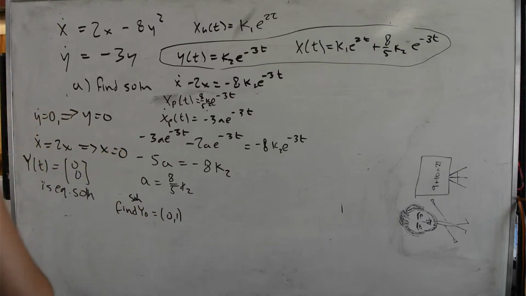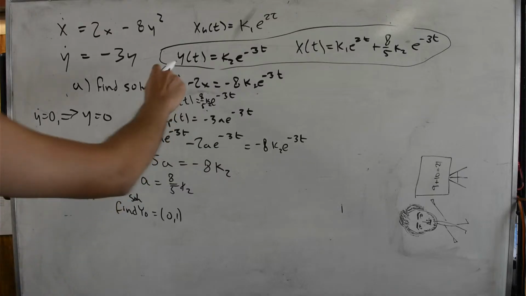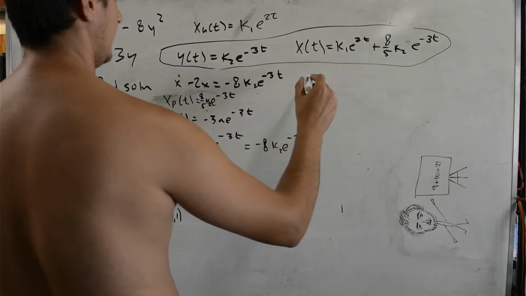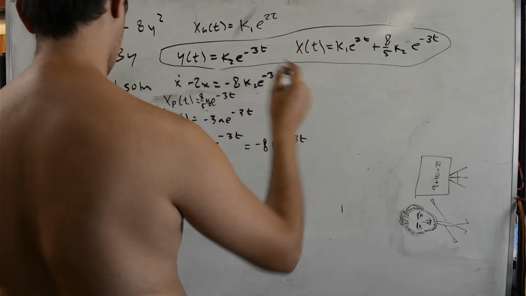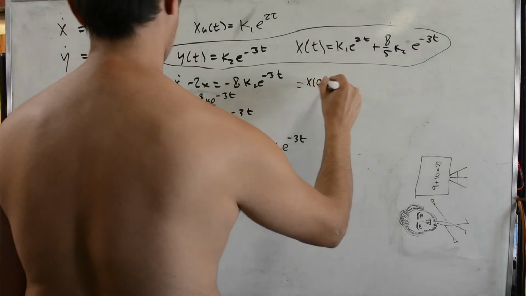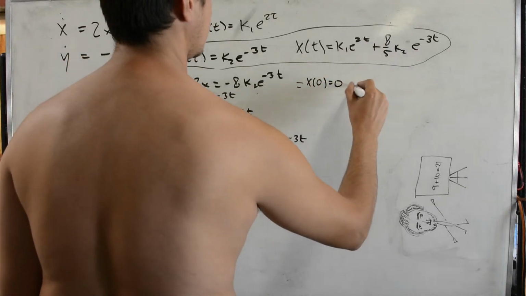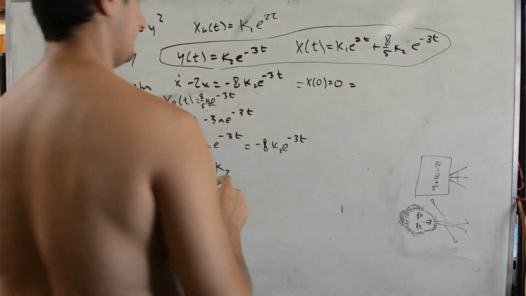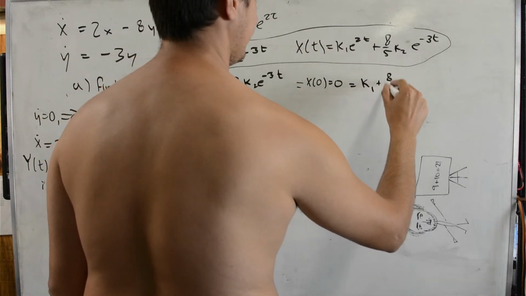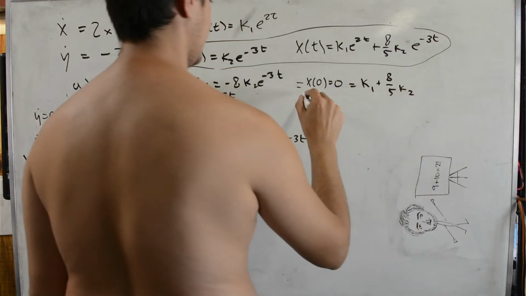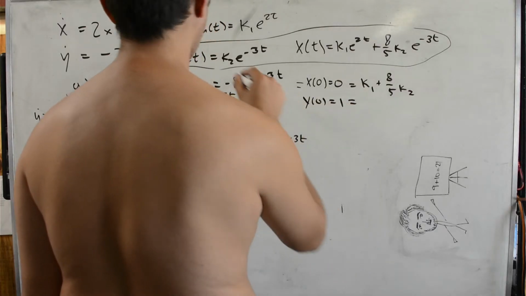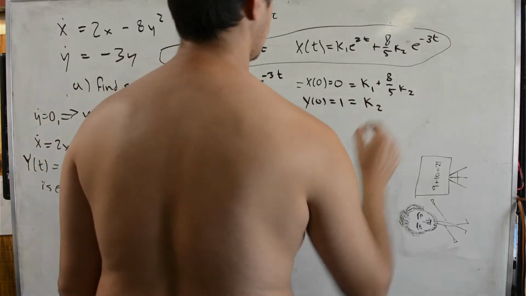So what that means is that we're going to plug in t equal to 0 for these expressions, which is going to give us x of 0 equals 0 equals k1 plus 8/5 k2, and y of 0 is equal to 1 is equal to k2.